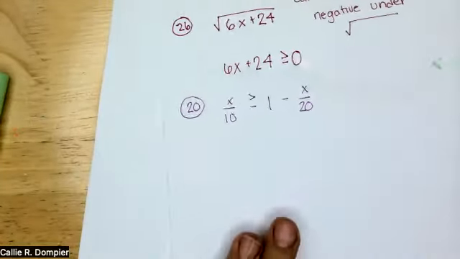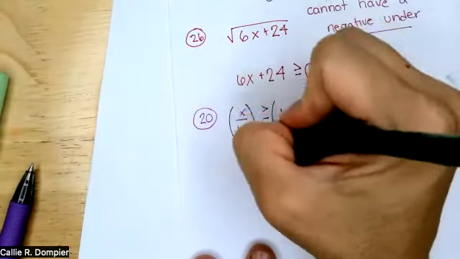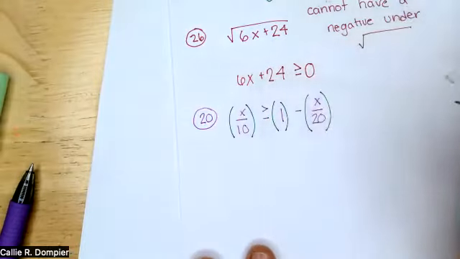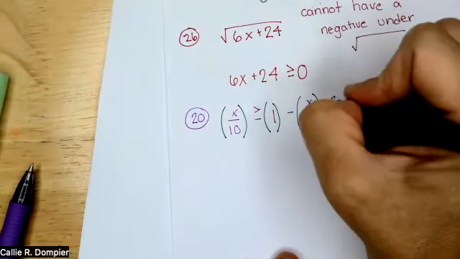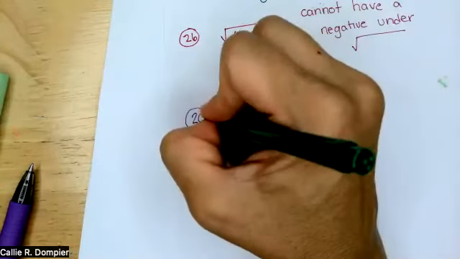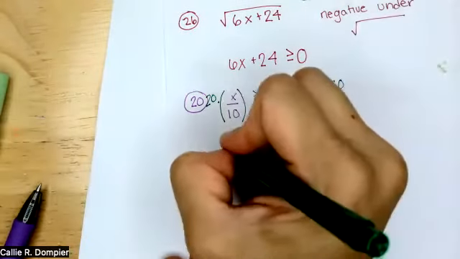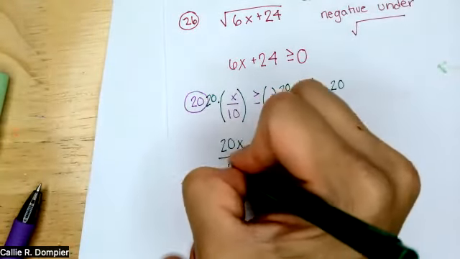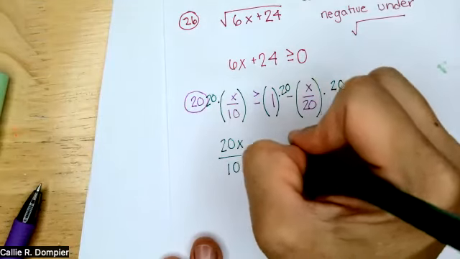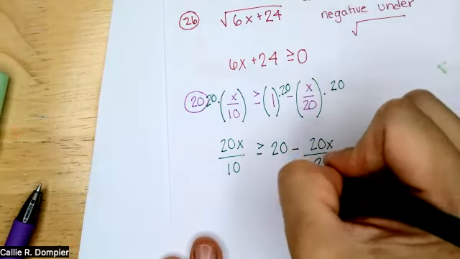Here we can multiply everything by 20, because that will get rid of our denominators. 20x over 10, 20 minus 20x over 20.